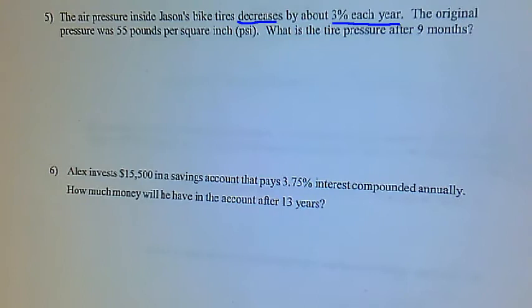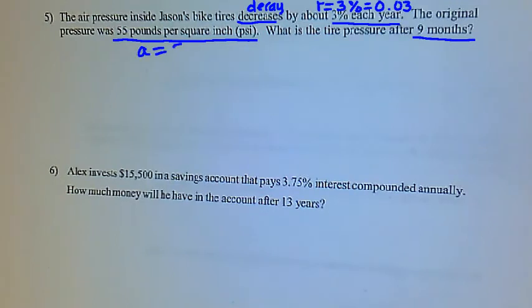The original pressure was 55 pounds per square inch. What is the tire pressure after 9 months? Okay, so this is a decay. R is equal to 3%, which is equal to 0.03. A is equal to 55, and X, remember this has to be in years, so it's going to be 9/12.